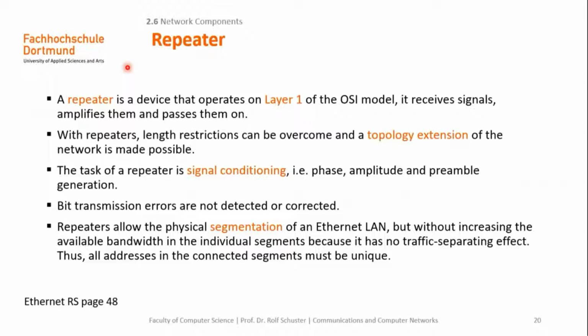And when the repeater segments the network, the available bandwidth remains the same to each segment connected or interconnected by the repeater, because the repeater doesn't perform any kind of traffic separation.